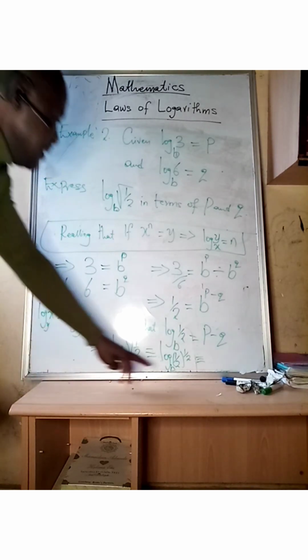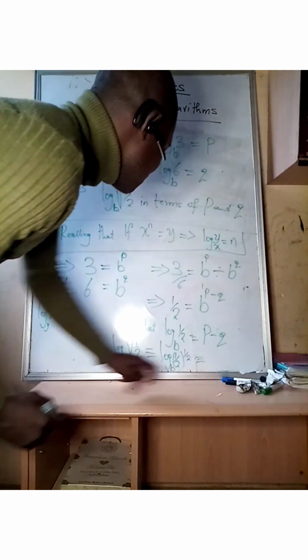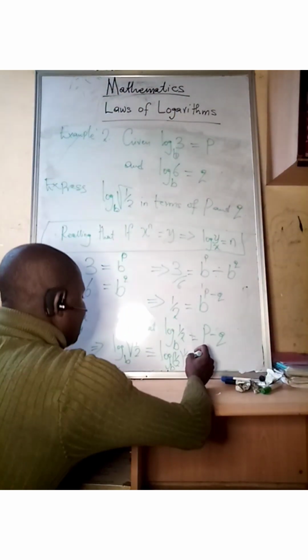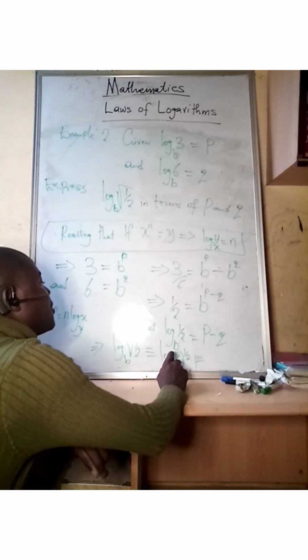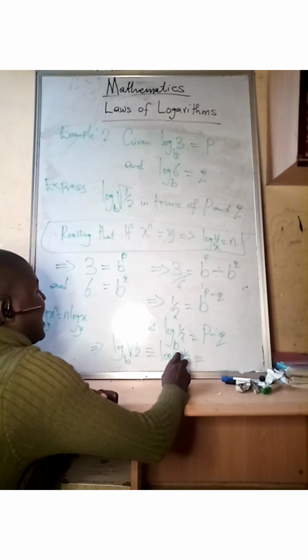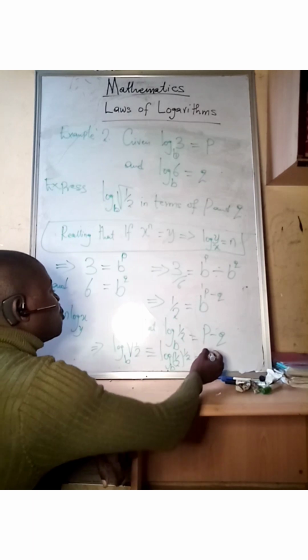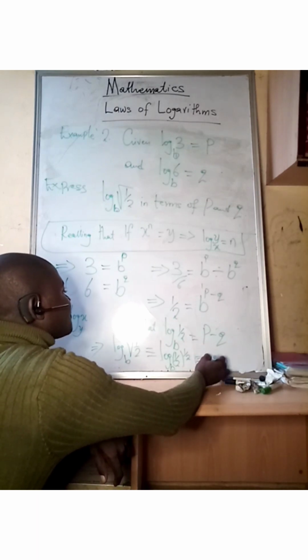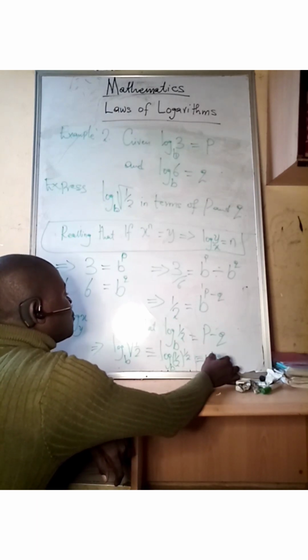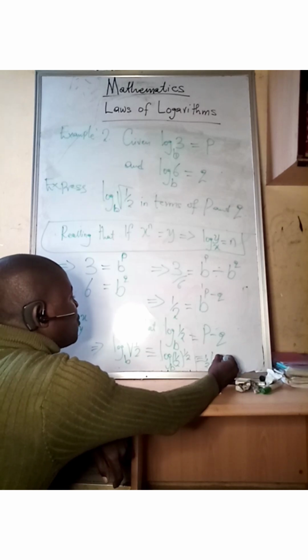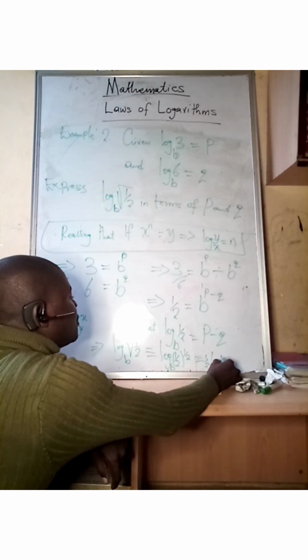So this is half now to the power of half. It now means that, and it's from the law of indices, don't forget that we understood that anything raised to power half is as good as taking the square root of that number. So this half will now come to the back. Half of log 1 over 2 to base b.